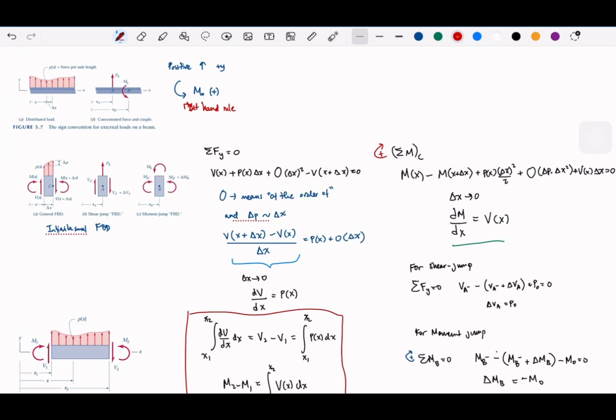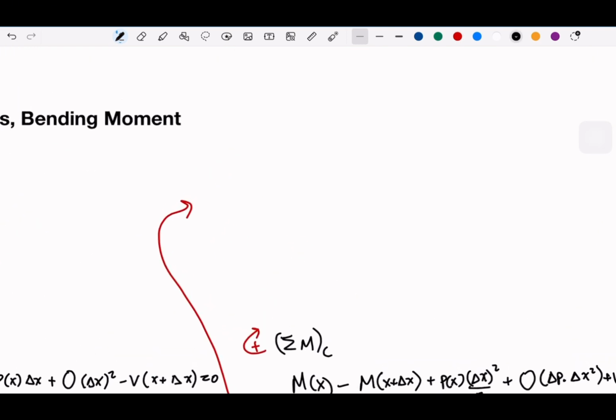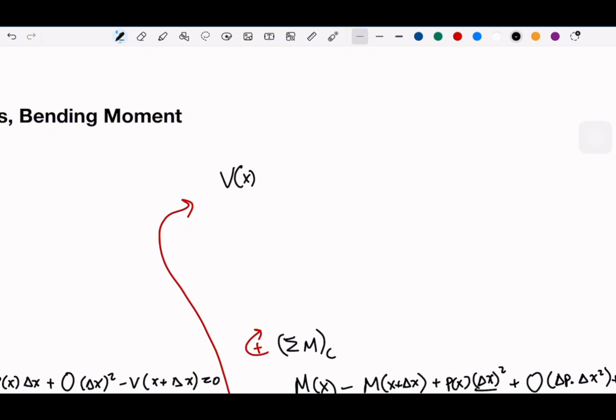In the more general version, we can apply V of x and M of x. This is basically V1 plus the additional integral, where the integration variable, let's say psi, just another variable, or you can change it to t as well.